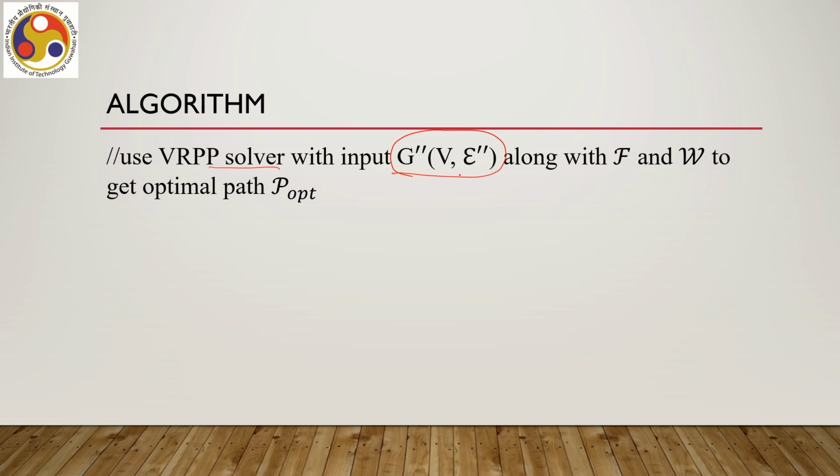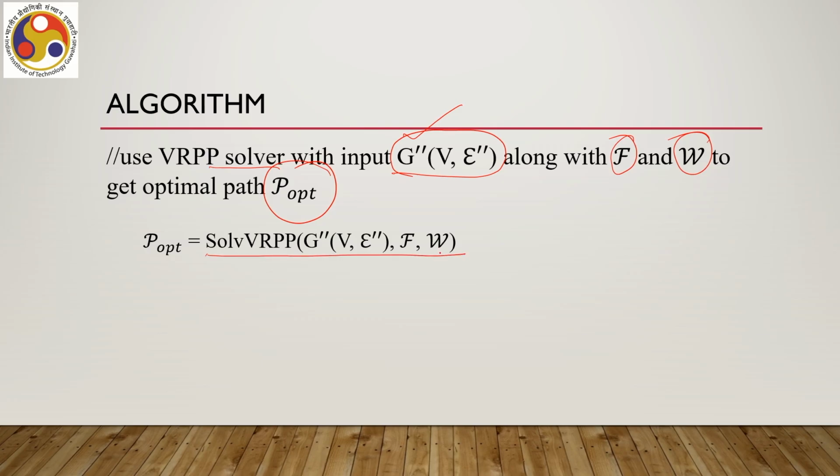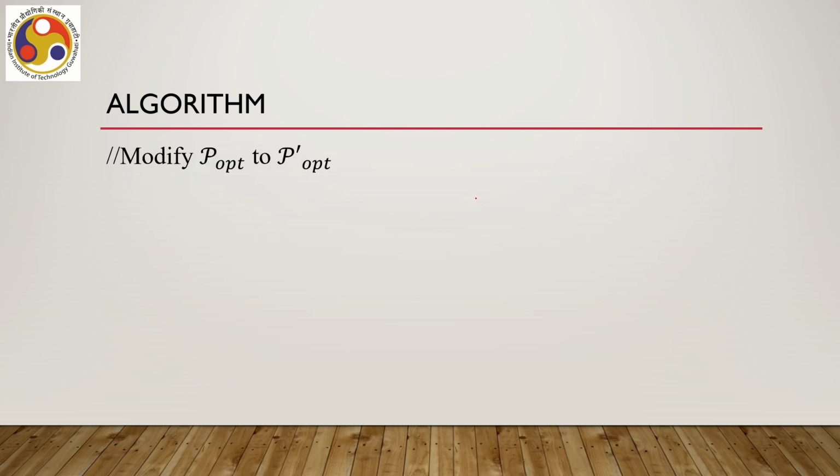Essentially we will be using a solver on this modified graph G double dash, and also providing the input values for f, the importance of each node, and w, that is the waiting time for each node, to get the optimal path p opt. So, here we will be using the solver, solve VRPP, where the input is G double dash, f and w. Then we get the output as p opt.